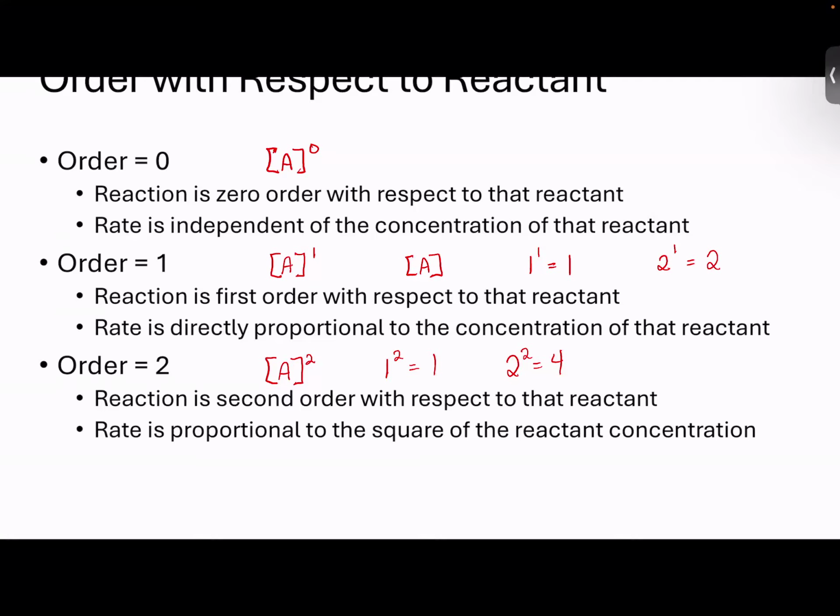In this particular case, none of A takes part in the collision. It does not matter that A even exists. In this one, it means that one A molecule takes part in every collision to get the reaction to occur. And in this one, it means 2 A molecules take part in every collision.